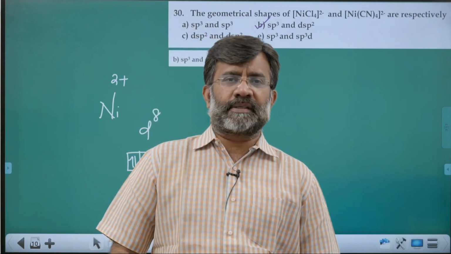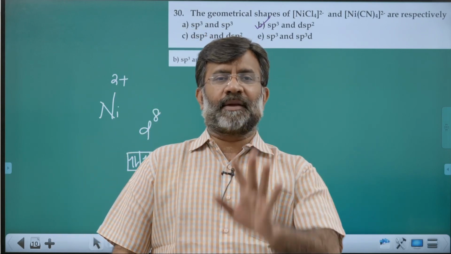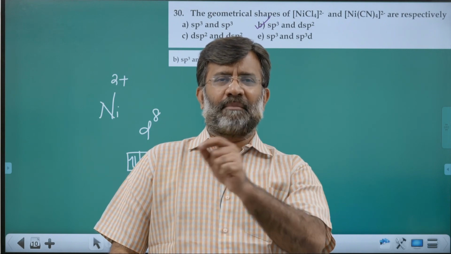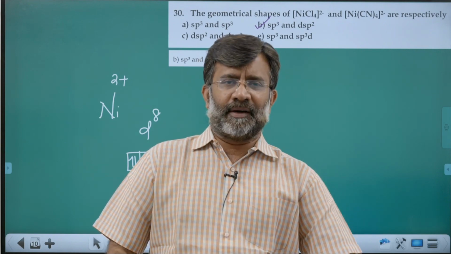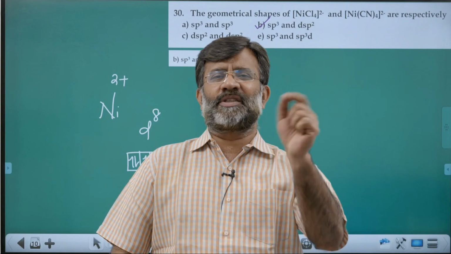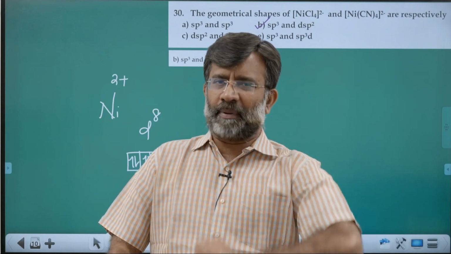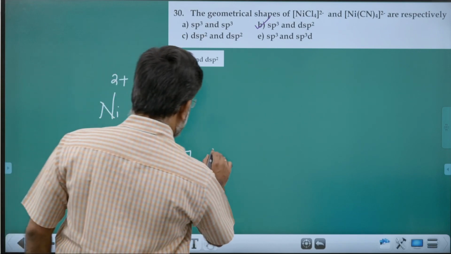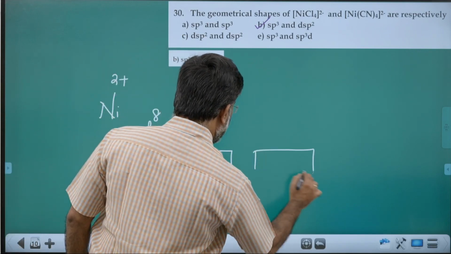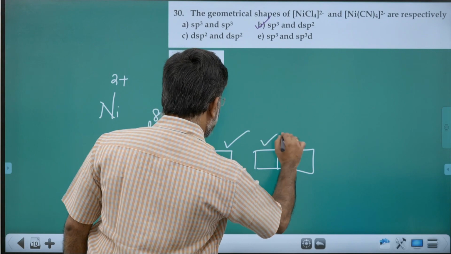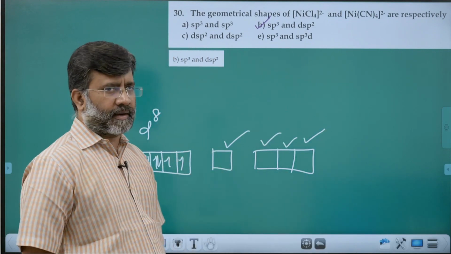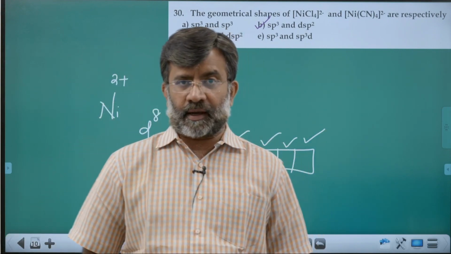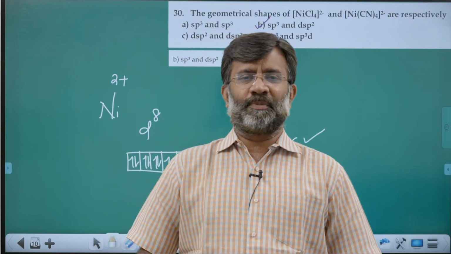And the complex has a paramagnetic moment close to 3, some 2.7, 2.8. That means there are two unpaired electrons. So the electrons have to be like this. Therefore, it will go for sp3 hybridization, tetrahedral. The other one is dsp2 square planar.